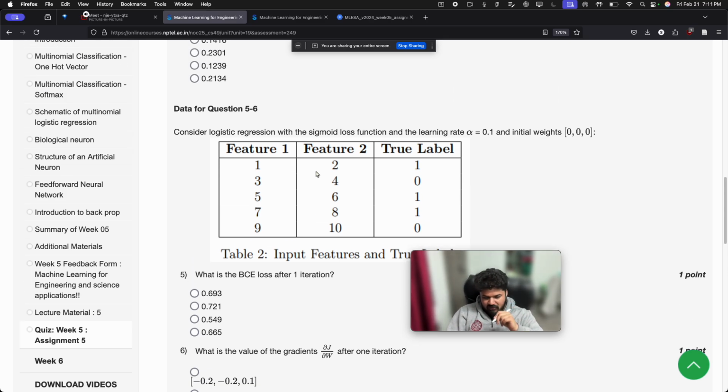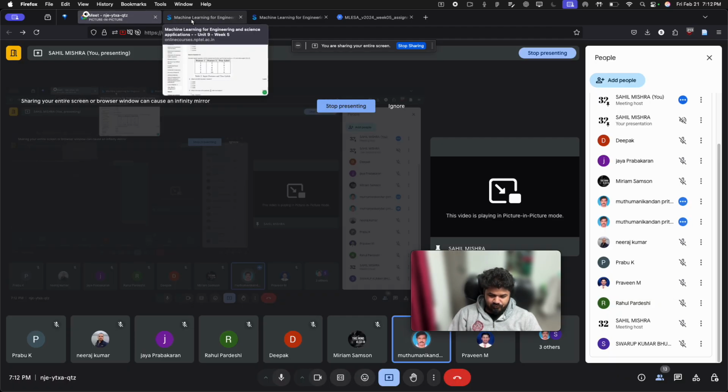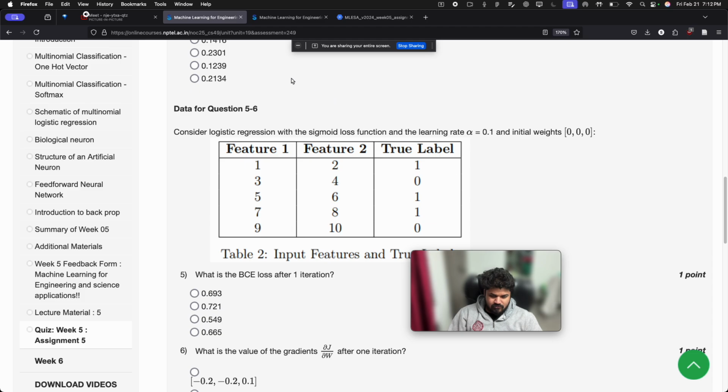One upon 1 plus e to the power minus x y z, whatever it is. You are asking for this question, right? Okay, let me write it. I will not compute the solution, I will just show you the formula.